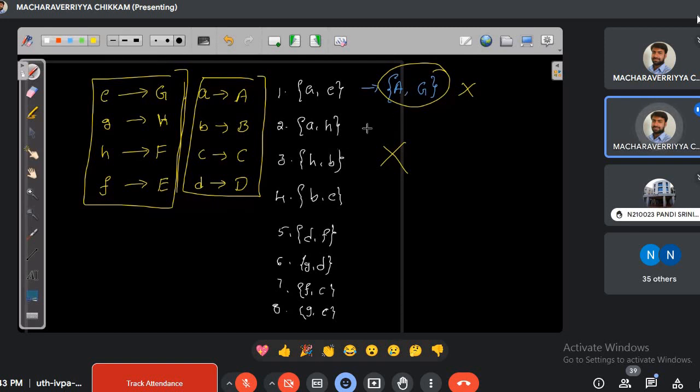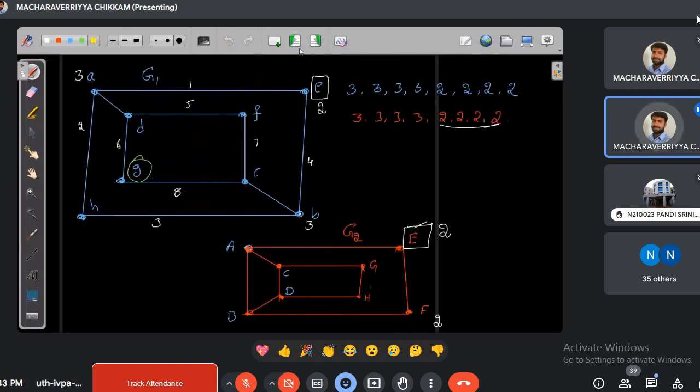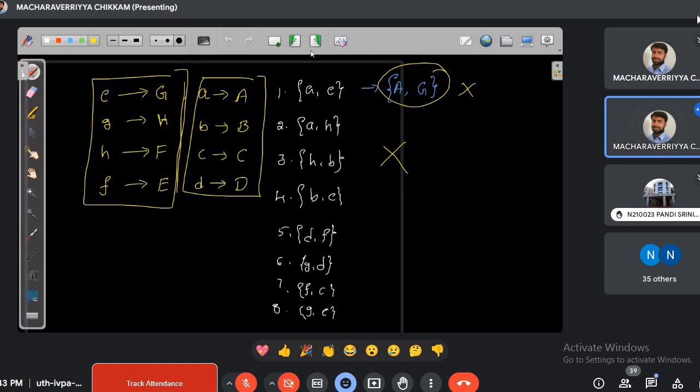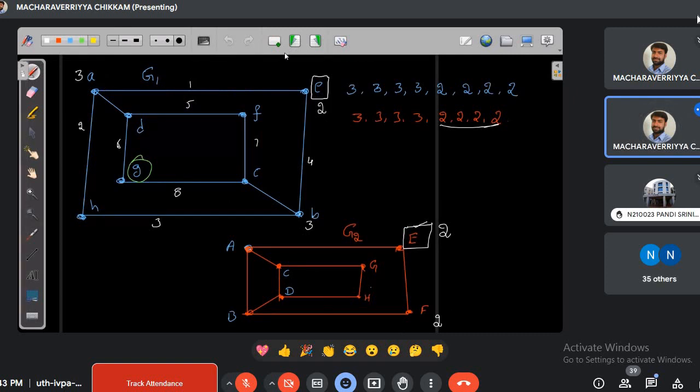Okay, initially itself we got failed, and if I take A and H, AH is mapped to AF, but do we have AF here? AF is also not there. Okay, so here the degrees are same, vertices are same, edges are same, but the thing is the neighbors are not same as here and there.